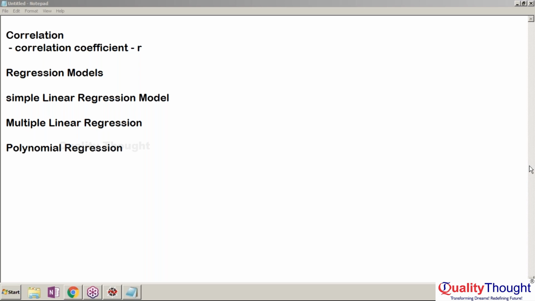Even if we find any one categorical variable, we will convert that into a continuous quantitative one. Okay. So here what we need to understand, when do we need to use the multiple linear regression?